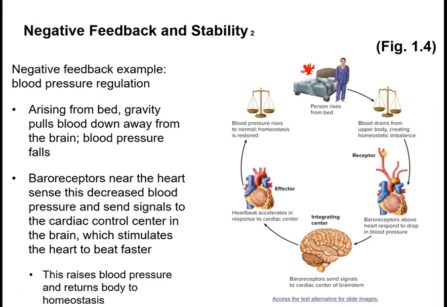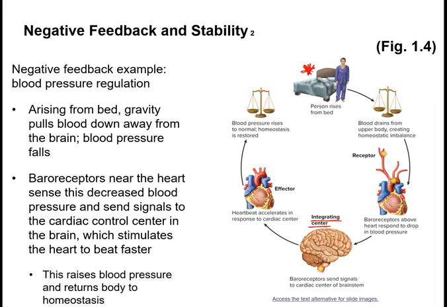Immediately, receptors that sense your blood pressure in the top part of your body send a signal to your heart and say, uh-oh, blood pressure is dropping. You'll learn this as we go: the brain is always the integration center. The brain says, oh, my heart's telling me that my blood pressure is low. So the heart is going to get a signal from the brain that says, all right, heart, go ahead and beat faster.